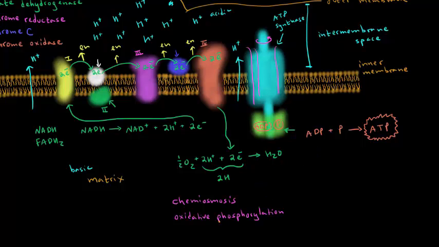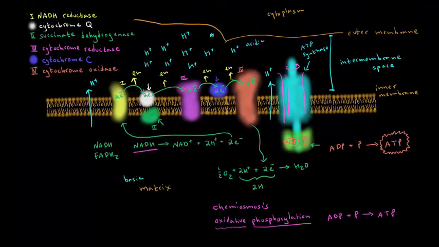Phosphorylation tells you something's being phosphorylated, so we're referring to ADP being phosphorylated. We're adding a P to it, and we're making ATP. And the term oxidative tells us that the phosphorylation is happening because of oxidation, because of the oxidation of NADH and subsequently the oxidation of all of these enzymes.